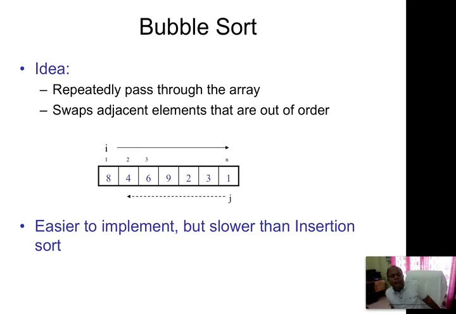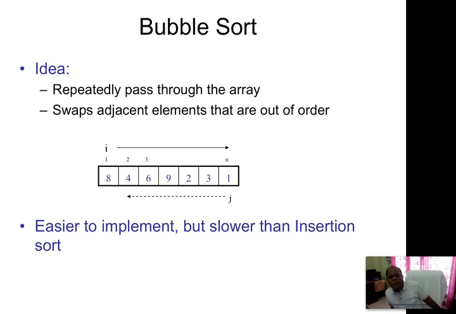In this example, the elements 8, 4, 6, 9, 2, 3, 1 are given, and you want to sort them using the bubble sort algorithm. Here i will be 1, that means it is the first pass. How many passes will there be? There will be n passes, where n is the number of elements.